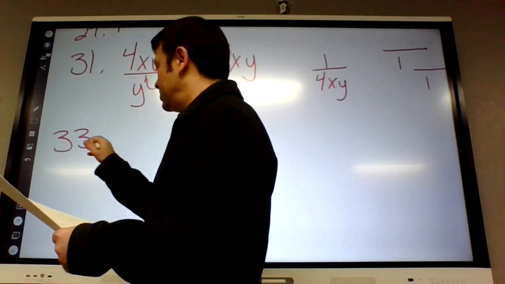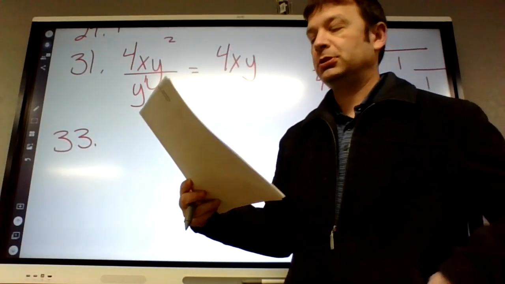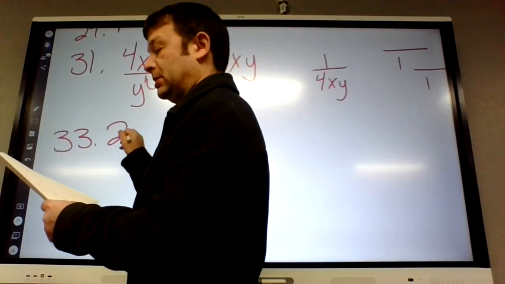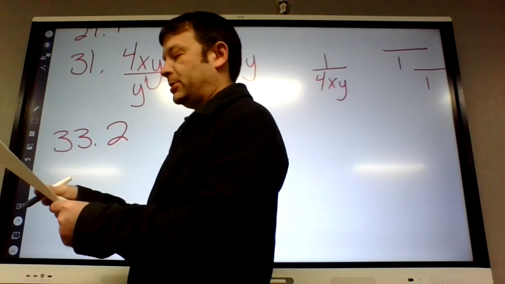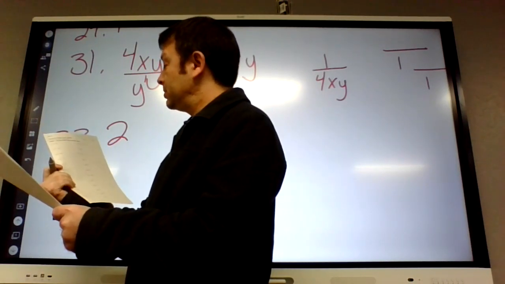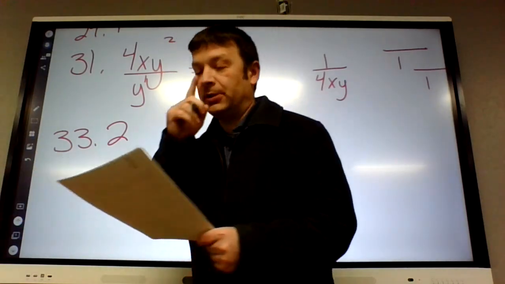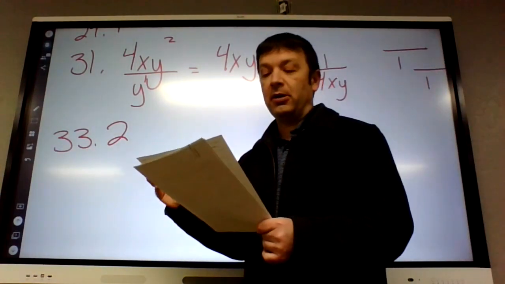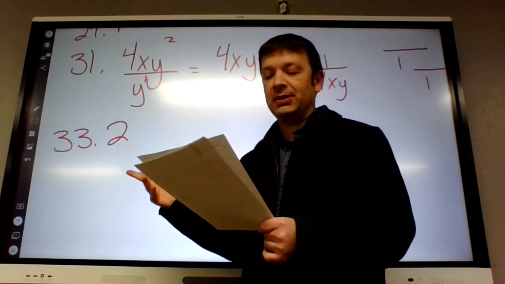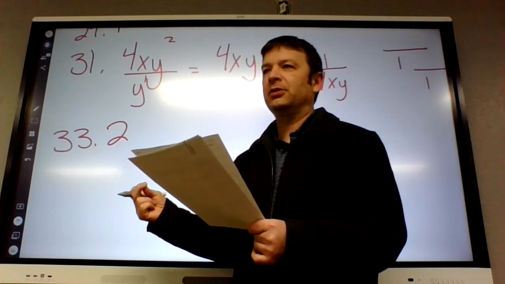Number 33, Emily. You got it right. 2 and x to the 2nd power? No. Okay, I didn't realize this one had negatives actually. The directions say only positive exponents. I guess I should have read that. So on the x's it's 2 minus 4.